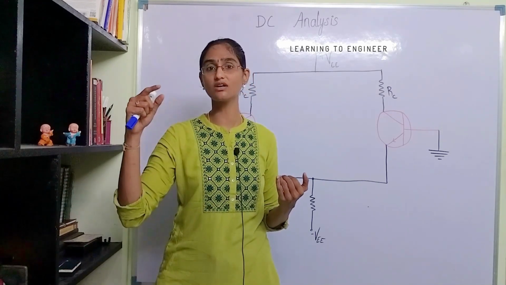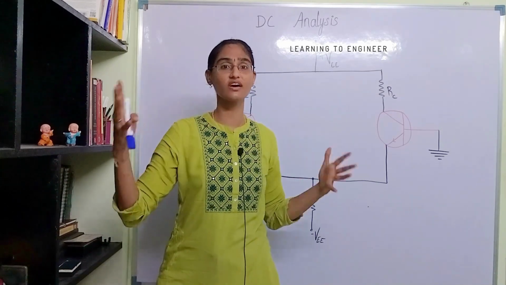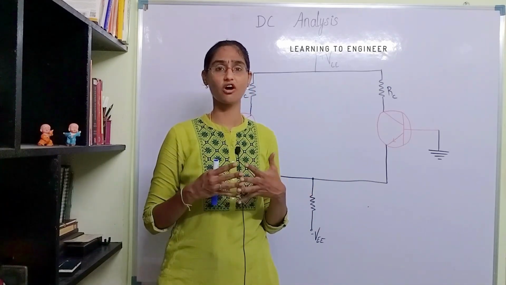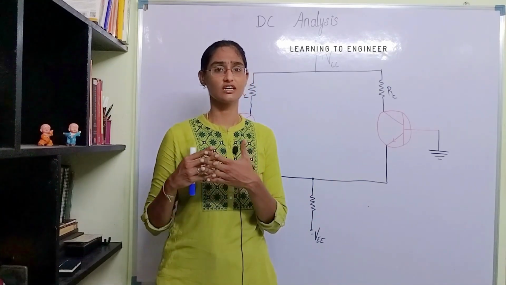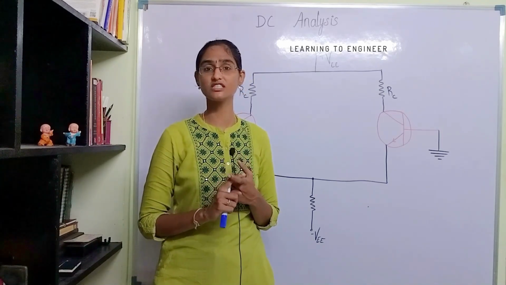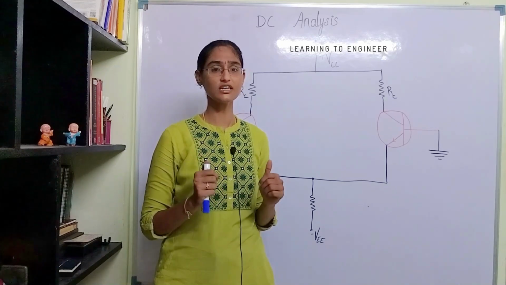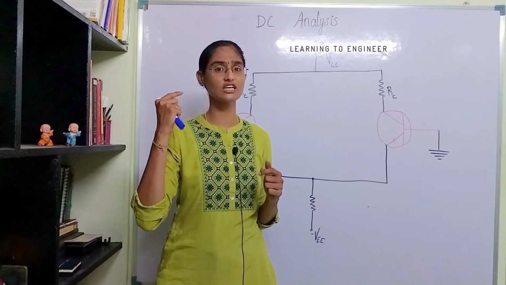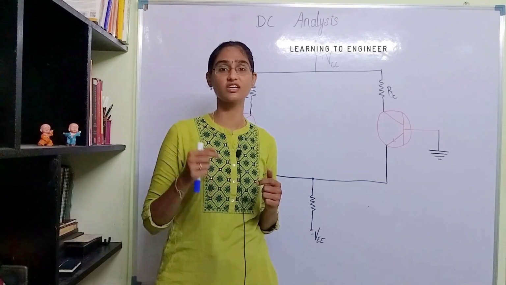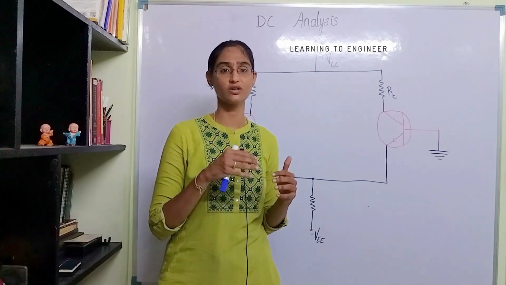You are using the volume buttons to amplify my voice, right? So how is that really happening? Is the law of power conservation valid here? Yes, the law of power conservation is valid everywhere, but in this circuit, we need to think a little bit more to understand how it is holding good.